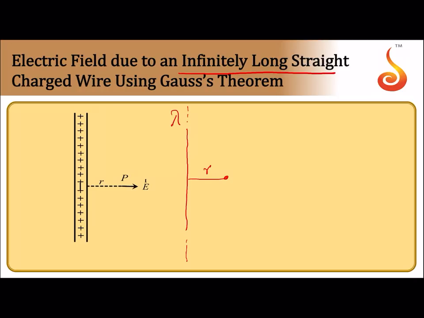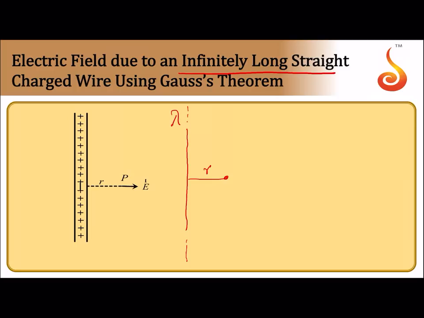Now let us apply Gauss law. What are all the steps? Recall, the steps are: number 1, identify the symmetry. What type of symmetry is that? You can answer that. Yes, it is cylindrical symmetry.